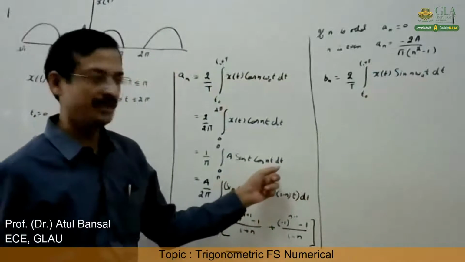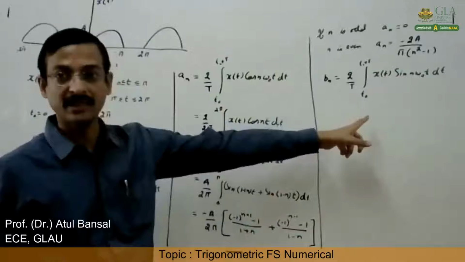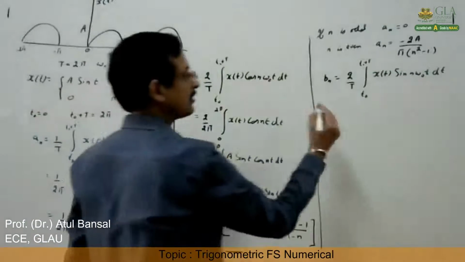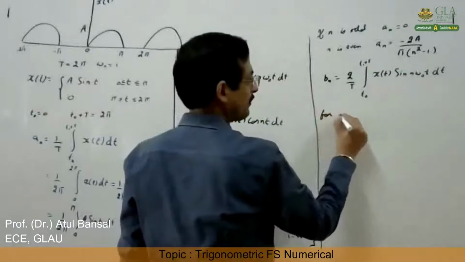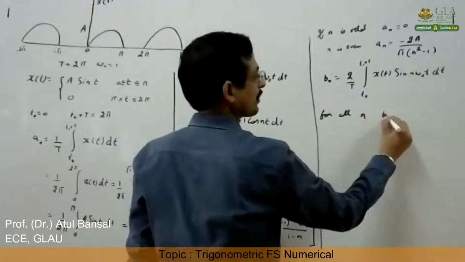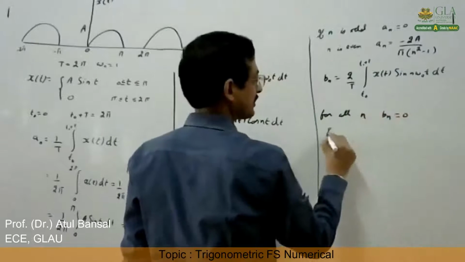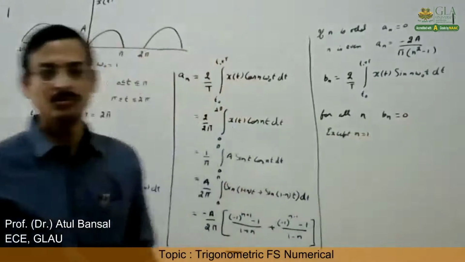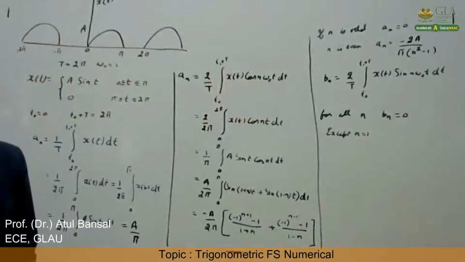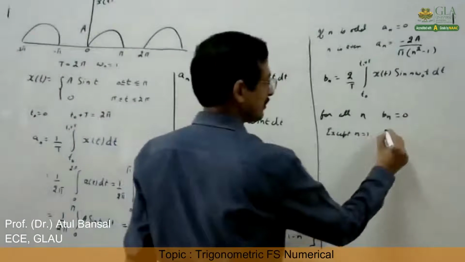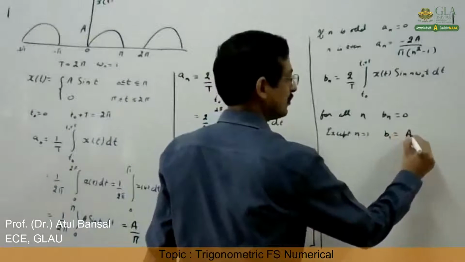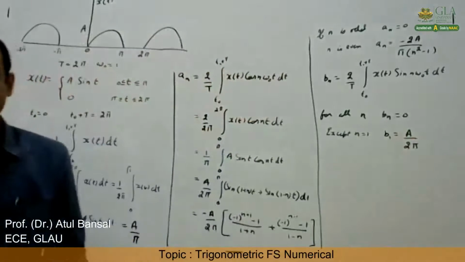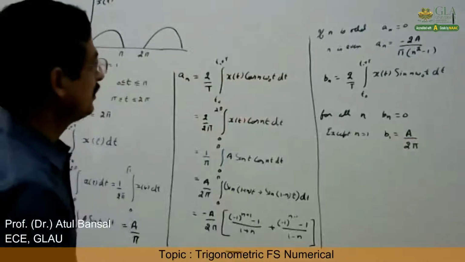Here it was sin t cos nt, this will become sin t sin nt. So using the trigonometric formula, what we will get is that for all n, bn would be 0 except n equal to 1, and in that case b1 would be equal to a by 2.